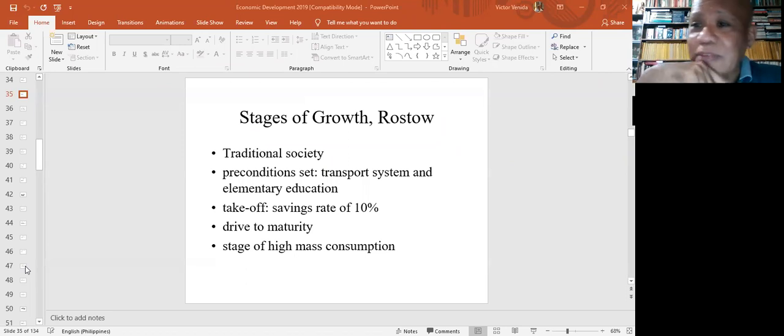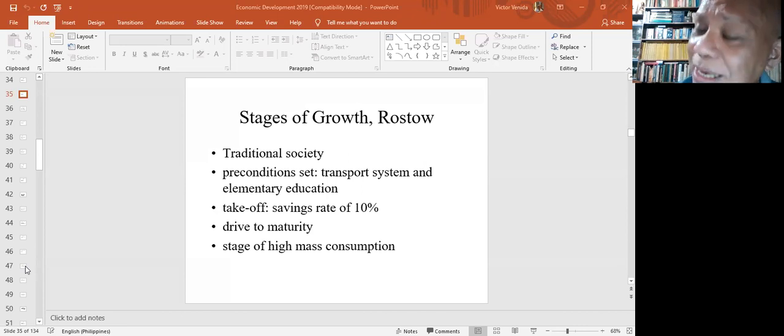A lot of the civilizations in the past, in China, in India, and in Europe, until the late 1700s or 1800s, were all able to attain high levels of consumption, but these high levels of consumption were enjoyed by a minority of the population.